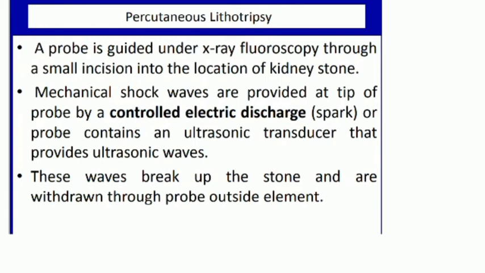Once the tube which we have inserted reaches near the kidney stone, we will pass shock waves using ultrasonic crystals. These ultrasonic crystals will be placed at the tip of the catheter or the tube, and the controlled electric discharge will break up the stone into small pieces, and these small pieces can be withdrawn by using a probe.